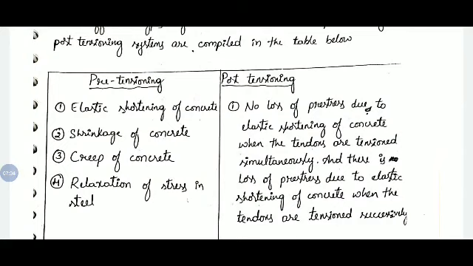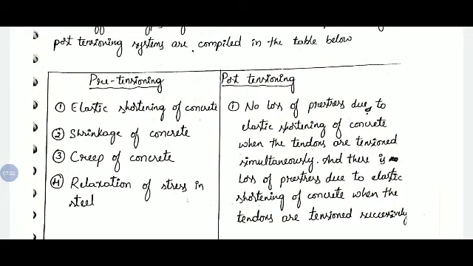That means first you stretch one tendon and anchor it, again you stretch another tendon and anchor it, again you stretch another tendon and anchor it. In this condition, there will be loss of prestress due to elastic shortening.